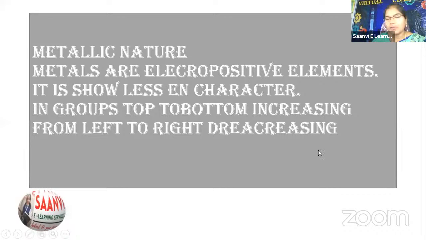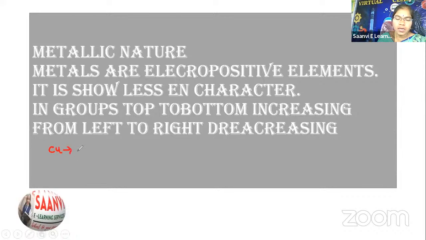So I am taking copper, for example. Why? Because it is a good conductor. That's why I am taking copper here.